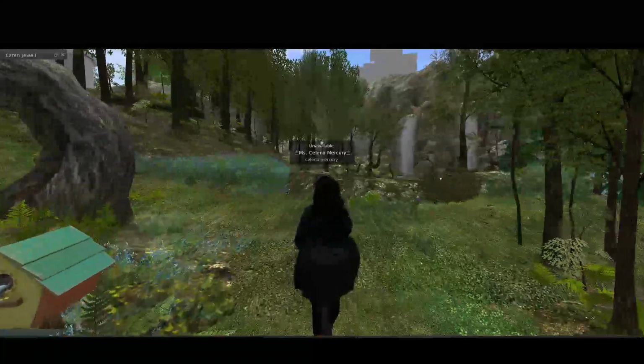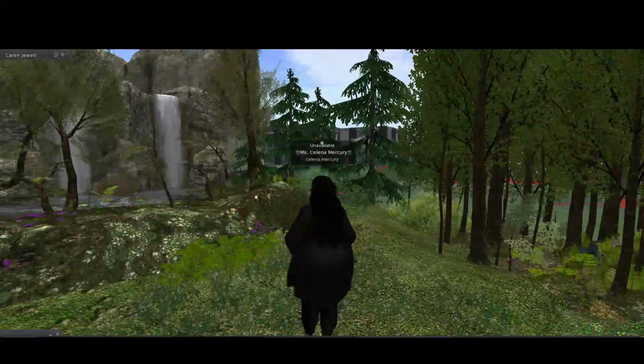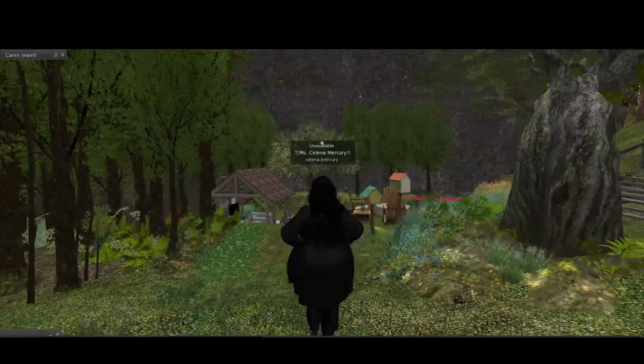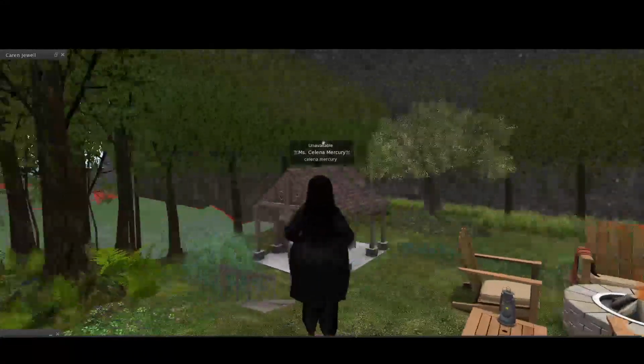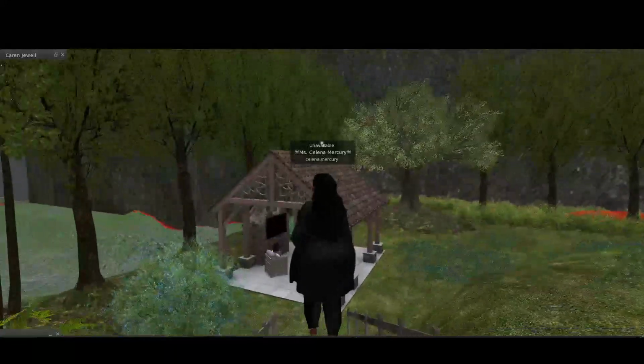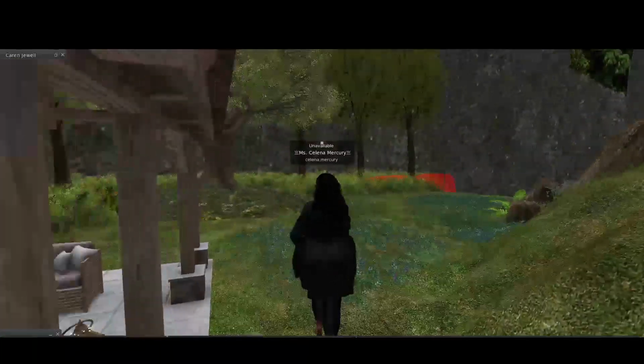Controlled wildness. Very nicely done. Even more so because my frames are still really good.